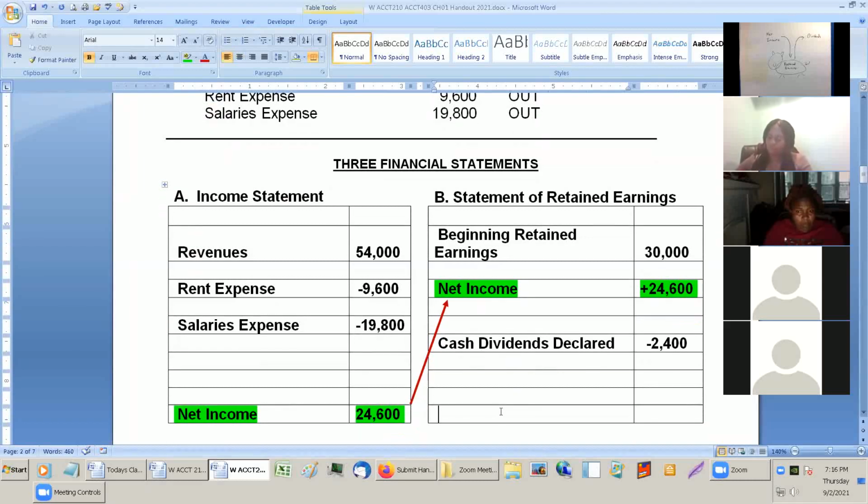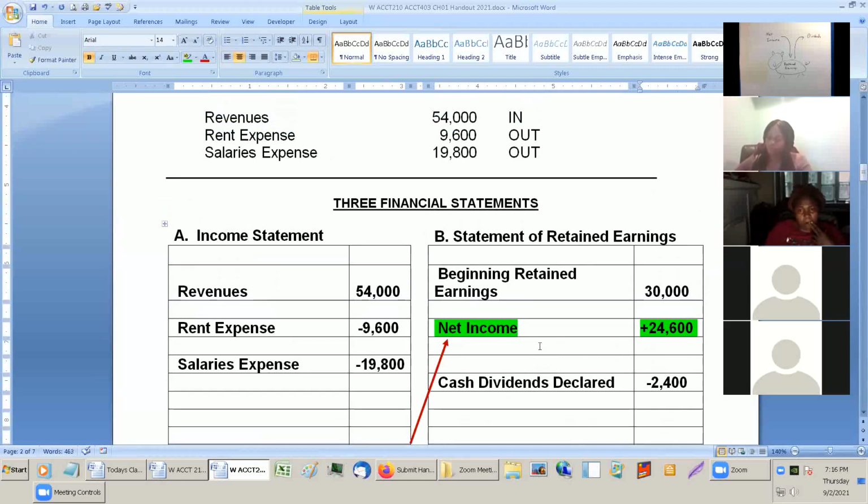And this will give us our ending retained earnings. Time for Mr. Calculator.